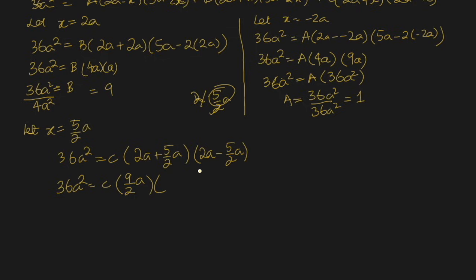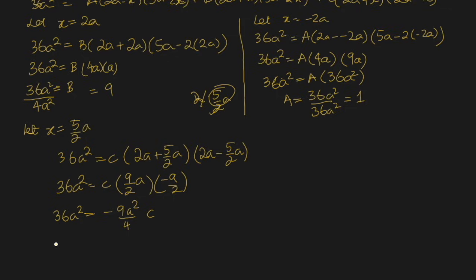And this will be 4 minus 5, negative a over 2. So 36a squared equal to negative 9a squared over 4c.